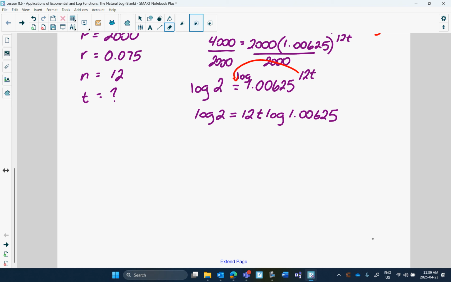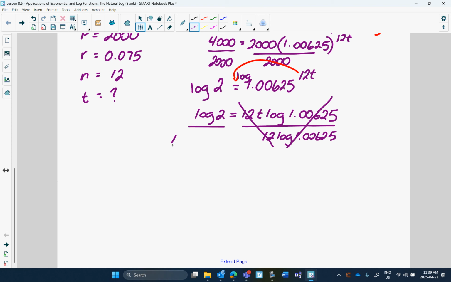How do I get rid of the times log 1.00625? Divide it. So I'm going to divide by 12 log 1.00625, and it's going to cancel that and that. Which means I have to do the same thing to the other side. So I have to divide log 2 by 12 log 1.00625.